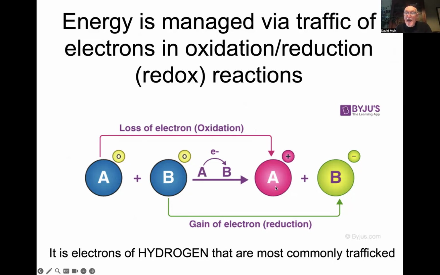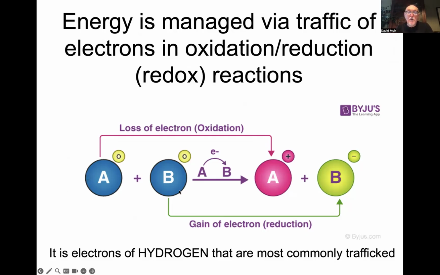So this is an ion. It has lost an electron. Its charge has changed in actual fact. Electrons are negatively charged. If I take away an electron from an atom, that atom becomes positively charged. So here is the positively charged ion, the oxidized form of A. But that electron has to go somewhere.